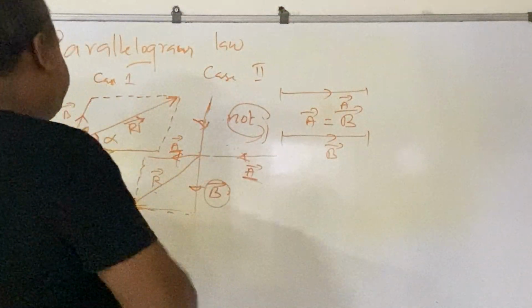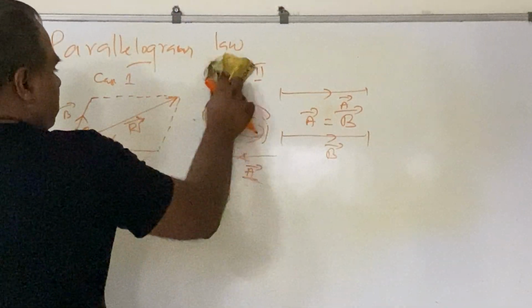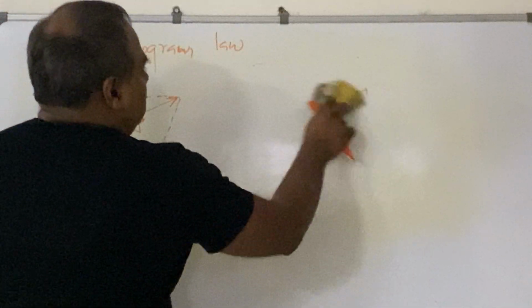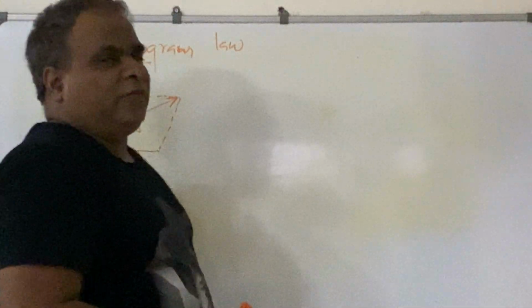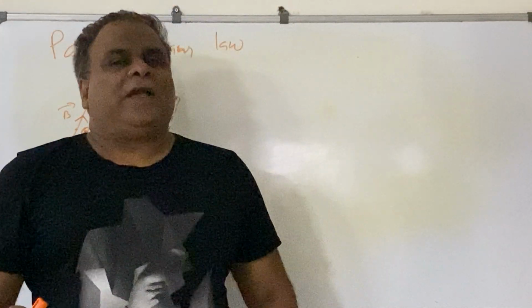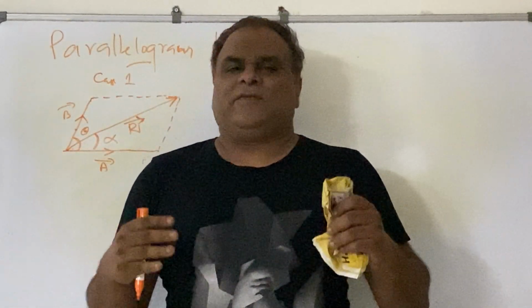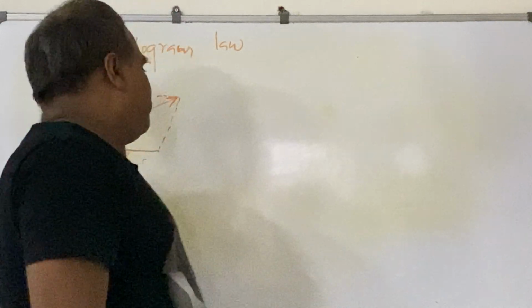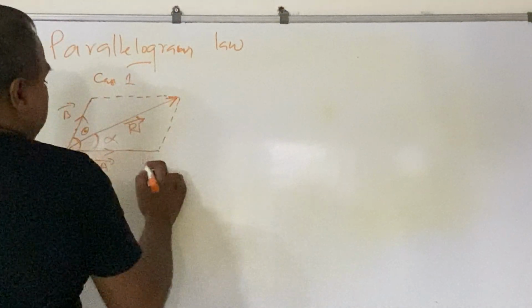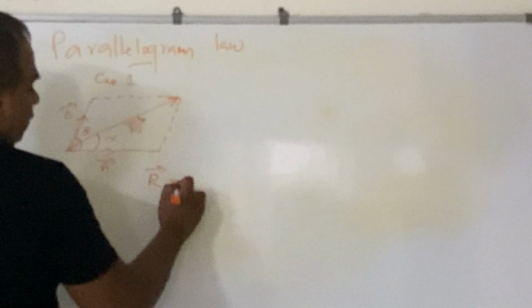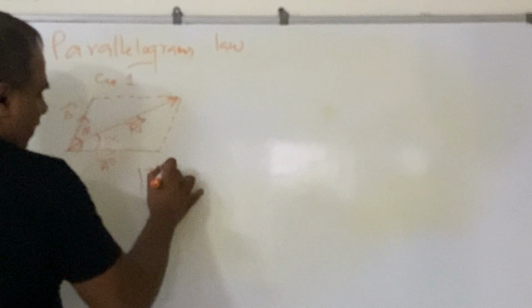Now, what is the value of this resultant? This formula is the most important formula we are going to discuss in physics, in math, everywhere, in engineering, wherever you go, this formula is very important. So what is the resultant? The formula is: vector R, the modulus of vector R, the magnitude.